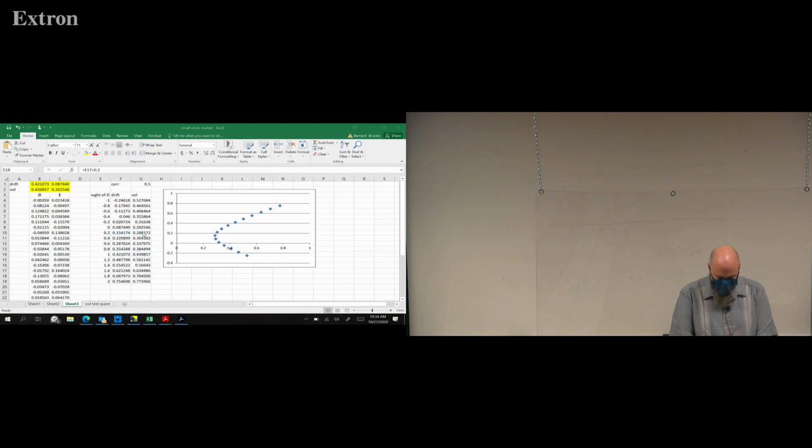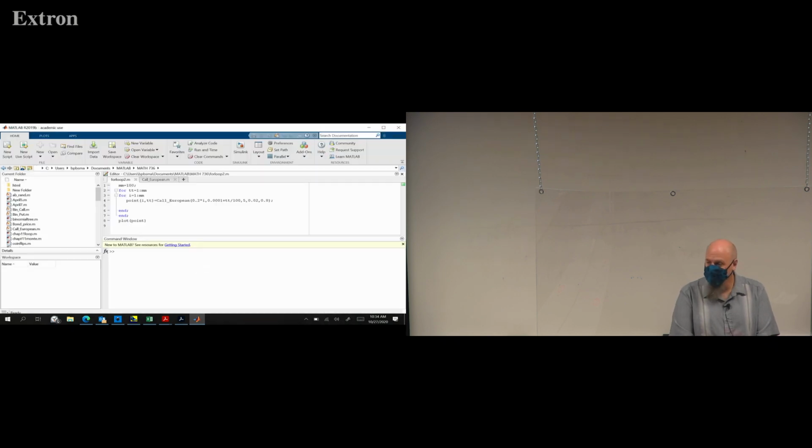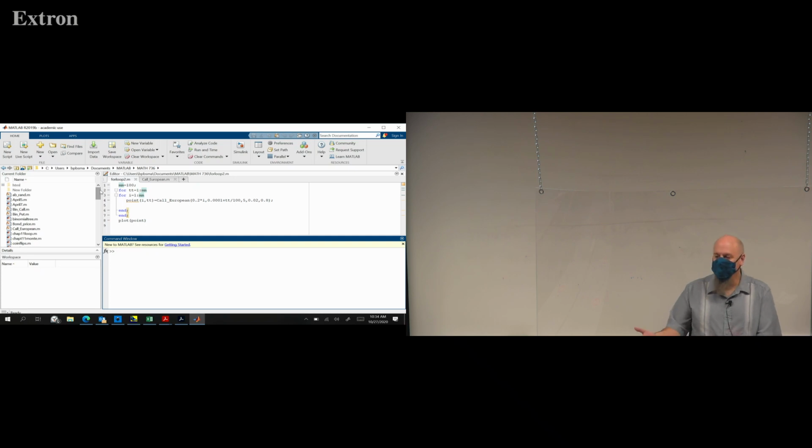But of course, this is only for two stocks. So it's actually a one variable problem, because once you know how much of your weight is in the first stock, then the other weight is just 1 minus that.